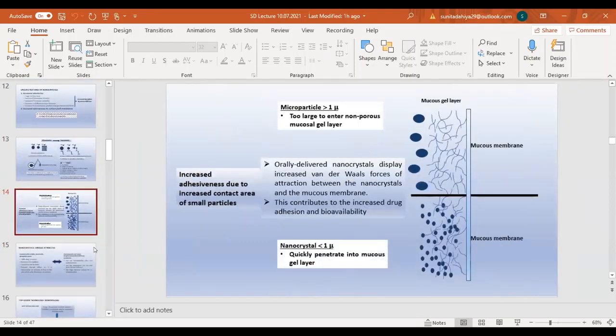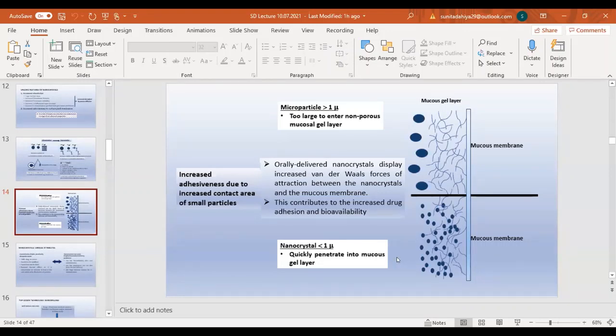Now the second effect after dissolution improvement is the bioadhesion improvement. When we discuss particle sizes, there will be more contact surfaces. If the size of the particle is in the micron range, greater than 1 micron, such bigger particles are too large to enter the non-porous mucosal gel layer in the gut.